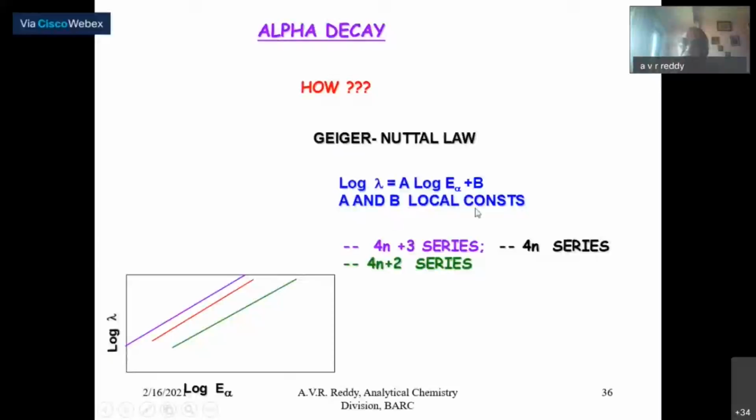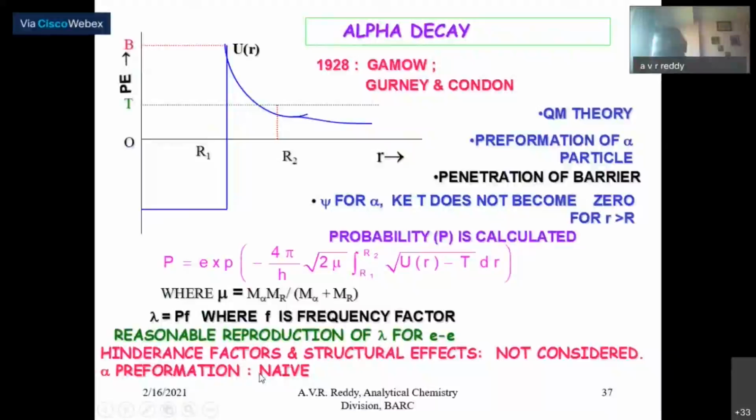So this linear relation is seen in what I have given in tabular form, and the decrease is very drastic, from 4 MeV to 8 MeV of kinetic energy. Half-life is varying about 10 power 24 times. Also remember the Coulombic barrier.